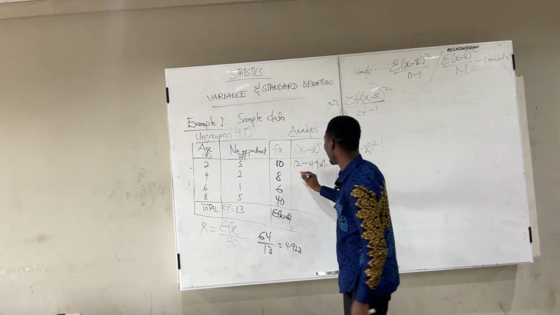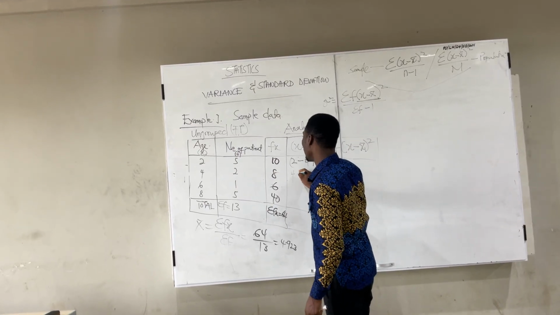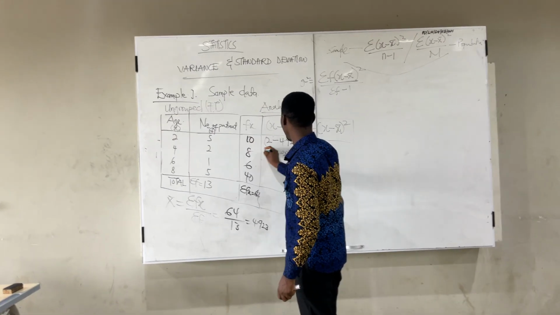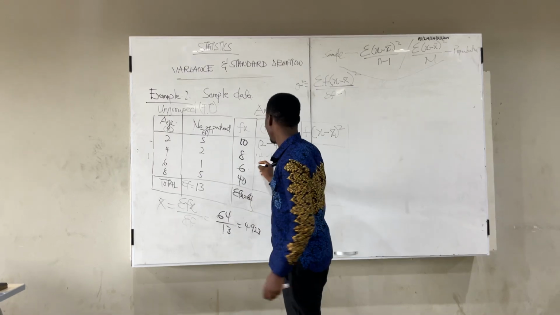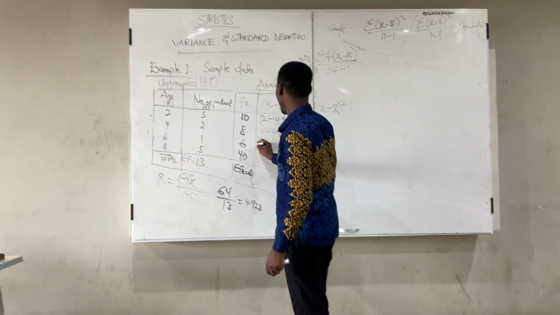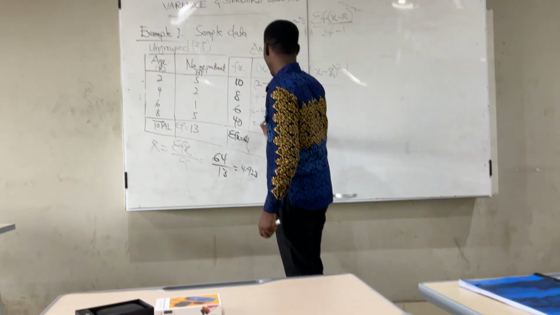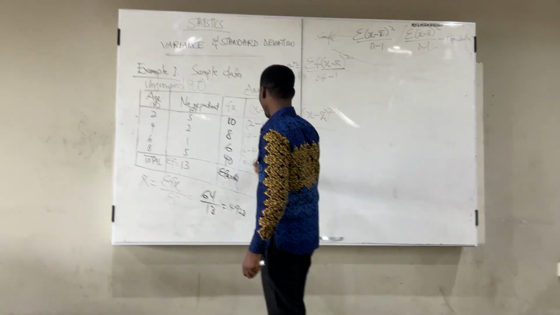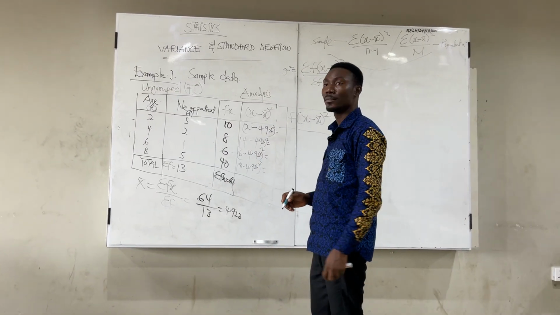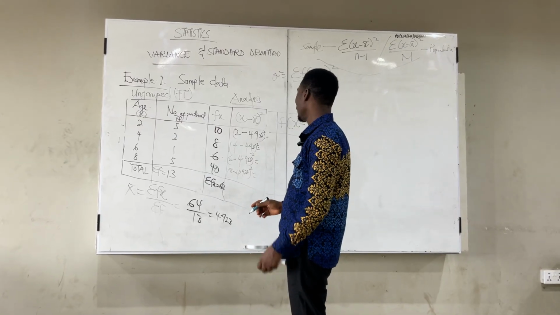Then here, you are going to get 4 minus 4.923 squared. 6 minus 4.923 squared. 8 minus 4.923 squared. So do the summation for all of them.